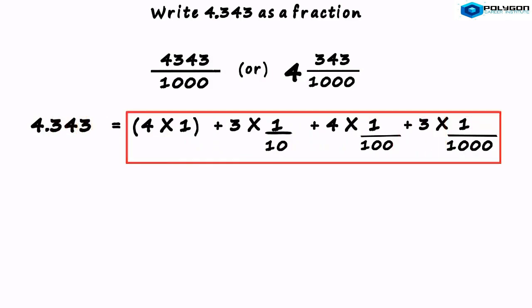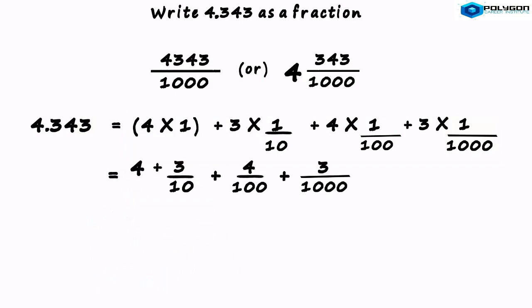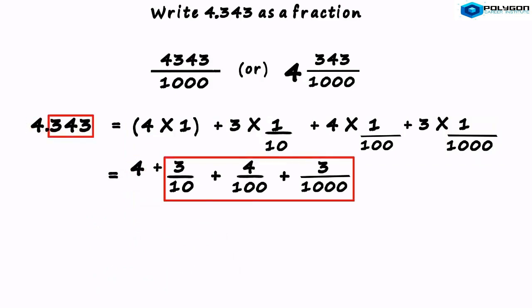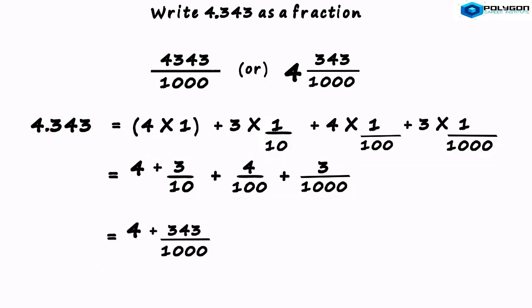Solving this further, this is what we get. 4 is the integral part and the decimal part was written like this. And solving this further, we get 4 plus 343 by 1000. And this is the mixed fraction form. If you add these two, you will get 4343 by 1000.